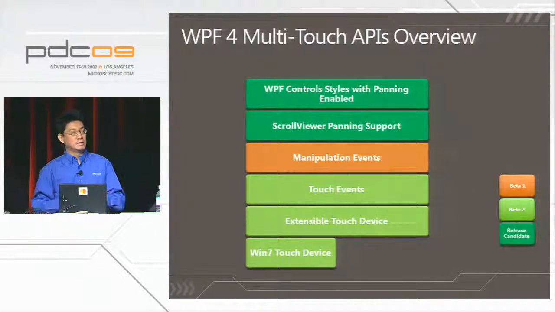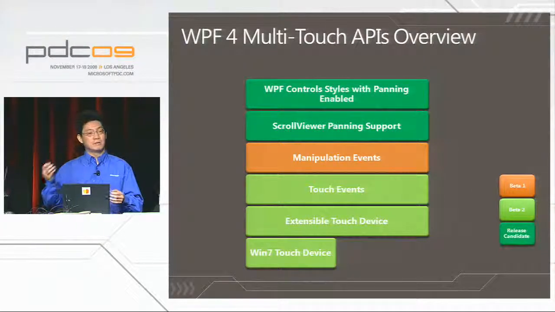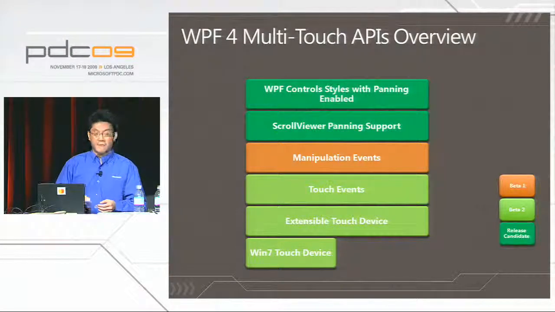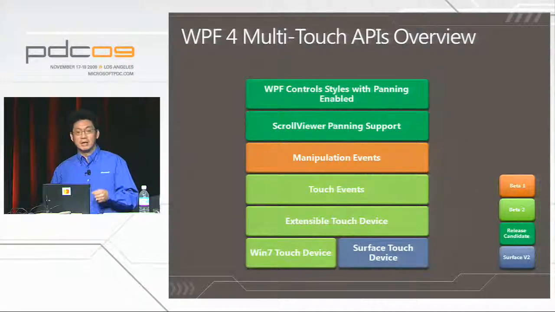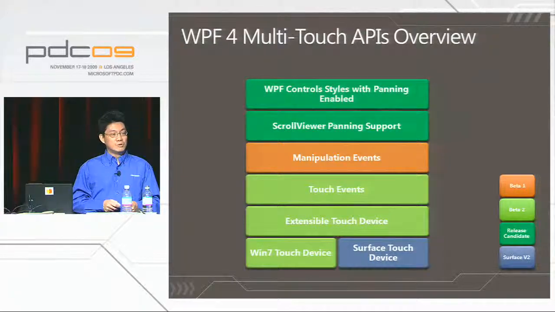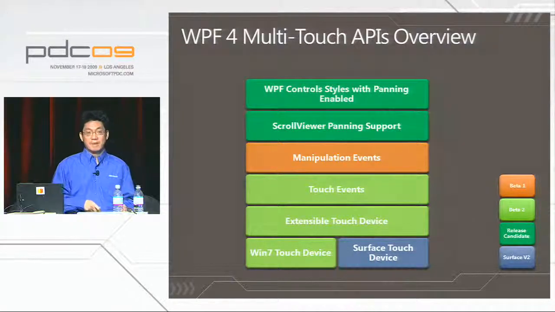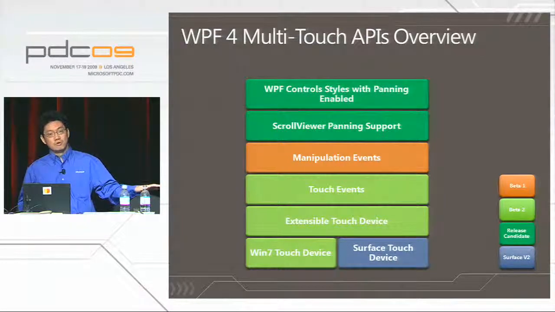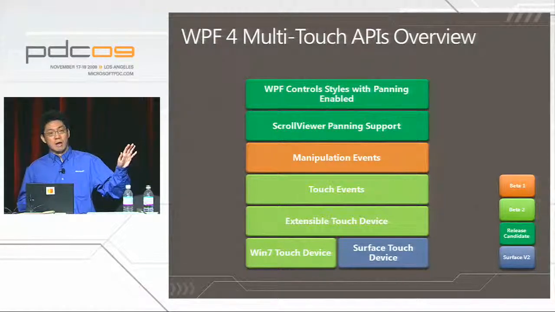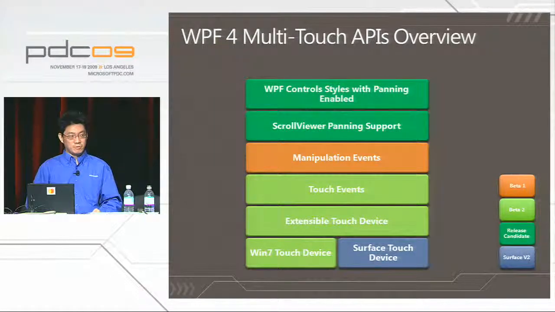So we've added touch panning for list box, text box, etc. And finally, when Surface comes out, they will be integrating into the extensible touch device infrastructure, and the same APIs that you use to write controls for Windows 7 will be the same APIs that you use to write controls for Surface.